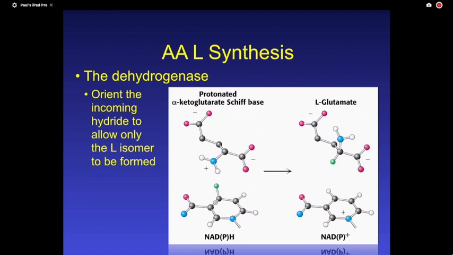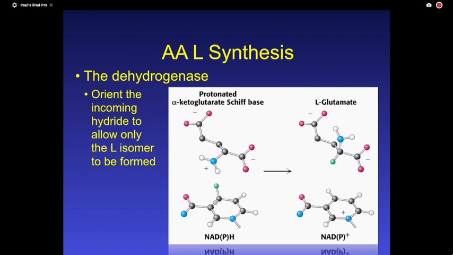Now, the dehydrogenase is the reason why we only synthesize the L version of the amino acids. If you go back to the Miller experiment, where they synthesized amino acids using what was determined to be the primordial atmosphere and used electricity to simulate the lightning strikes, the synthesis of amino acids actually happened, but they made them in a racemic mixture.